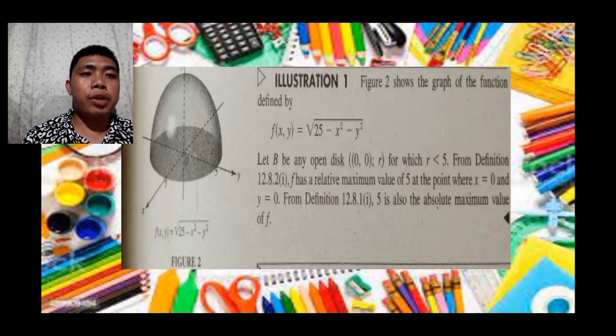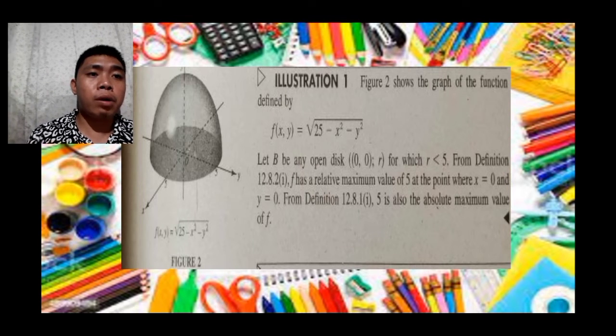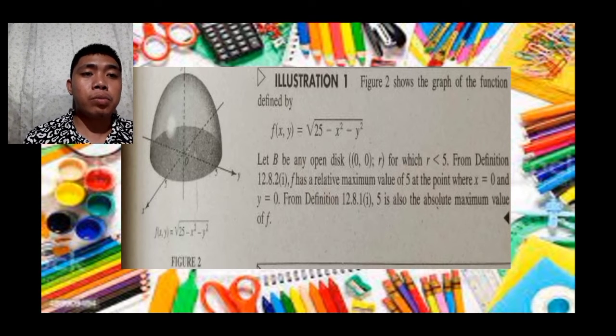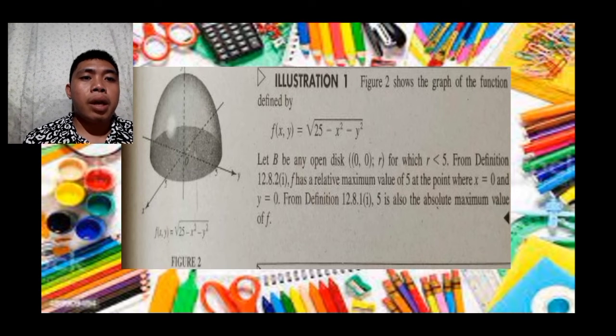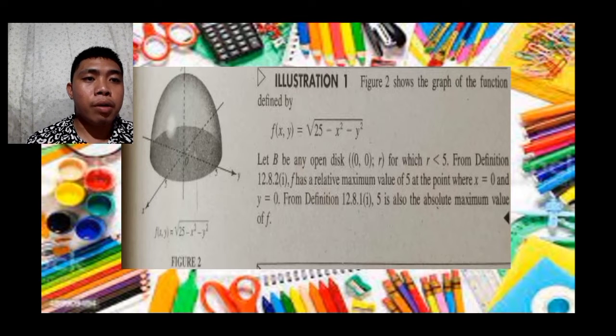Illustration 1, Figure 2 shows the graph of the function defined by f of x, y equals the square root of 25 minus x squared minus y squared. Let B be any open disk of (0, 0) and r for which r is less than 5.